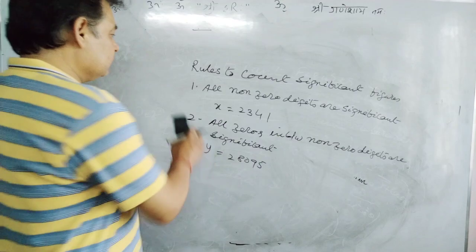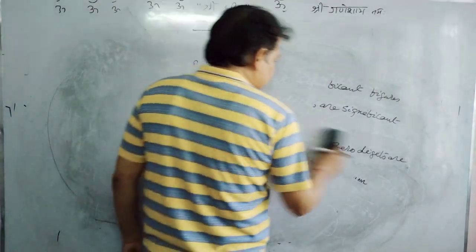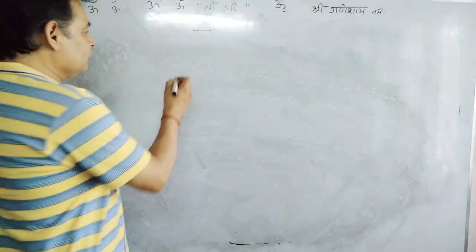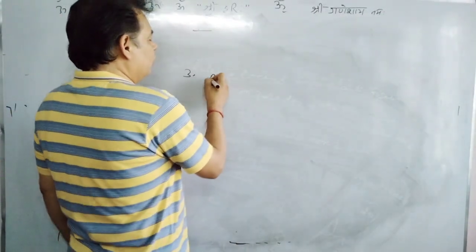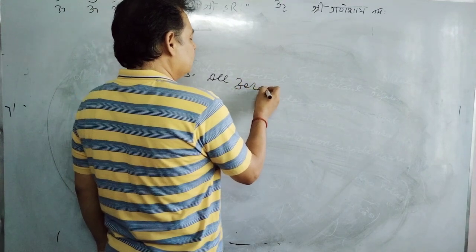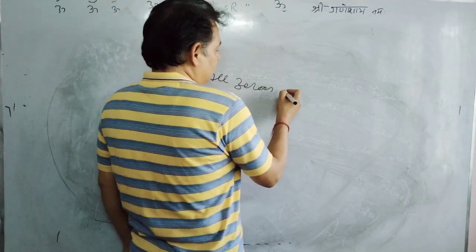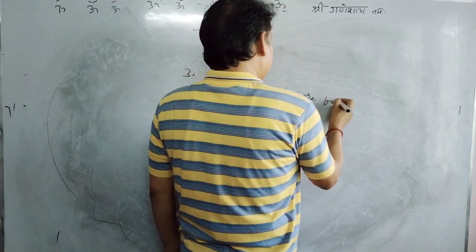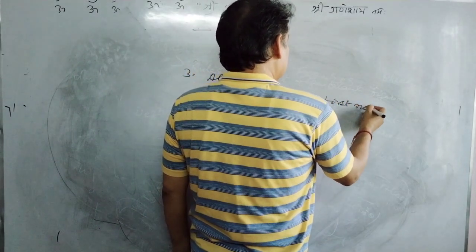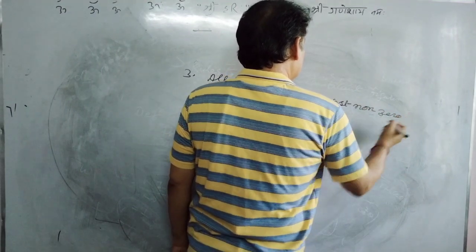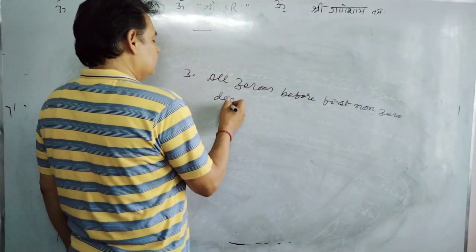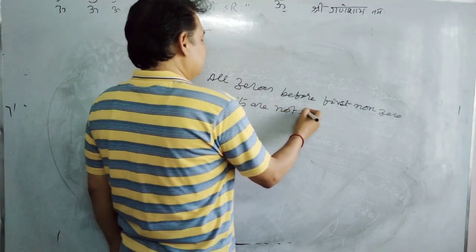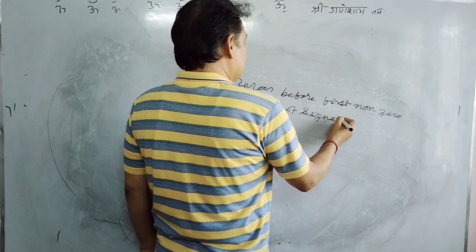Next one, the third rule. All zeros before the first non-zero digit are not significant.